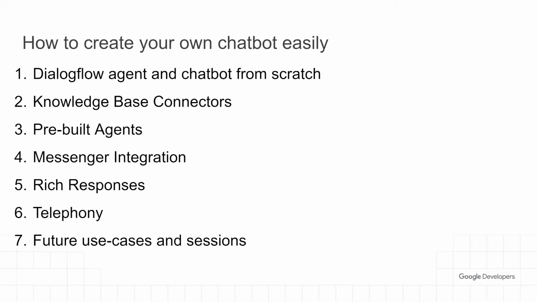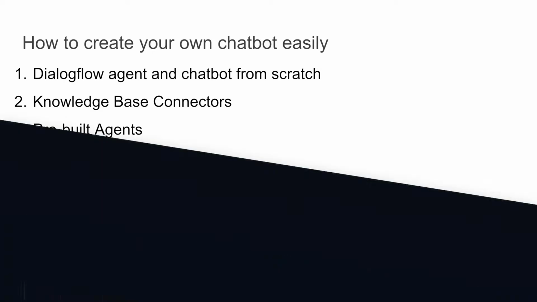Now, maybe before we move on to pre-built agents, let's also look at rich responses, right? So what are rich responses? If you look at all the responses that we are currently getting, it's in the form of text, right? Sometimes you would want more information, more visual information that you would like your bot to have.